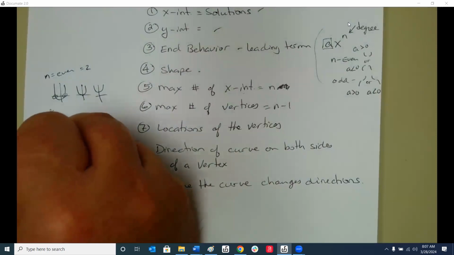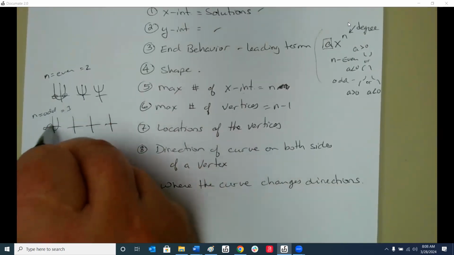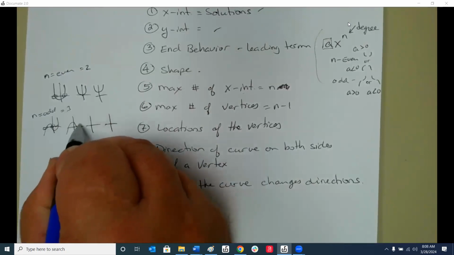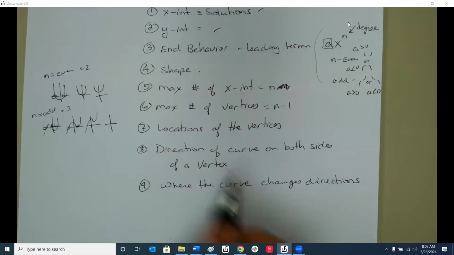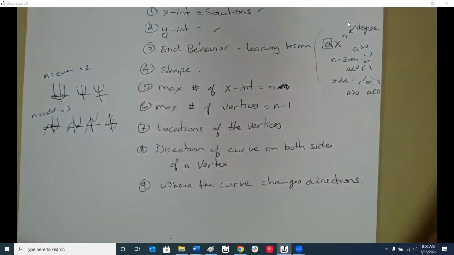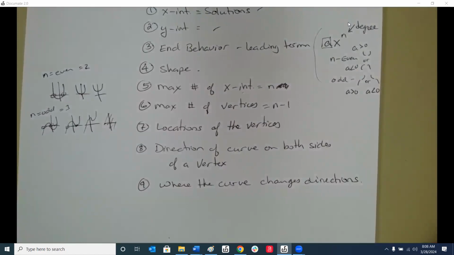If n is odd, let's say it's 3, we can have 3, we can have 2, we can have 1. But we have to have at least 1 for odd degrees because they point opposite directions. All this stuff sound familiar from algebra?